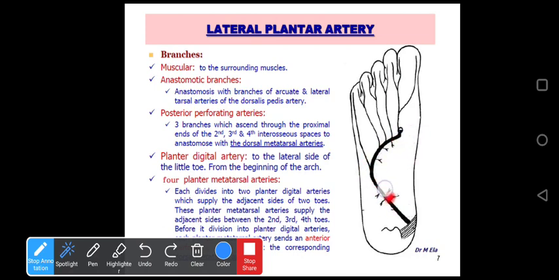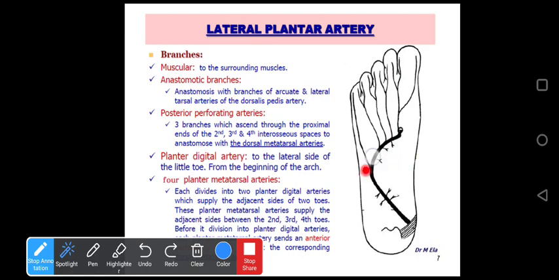So thereby the completion of the arch. So the plantar arch continues with the dorsalis pedis. The plantar arch is formed by the lateral plantar artery, and of course it is completed by the dorsalis pedis. So that's about the plantar arch formation and the branches from the plantar arch.